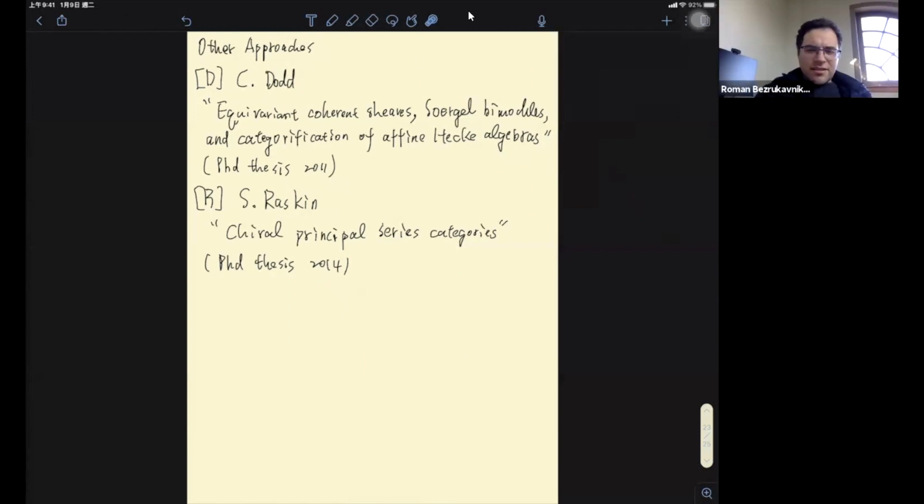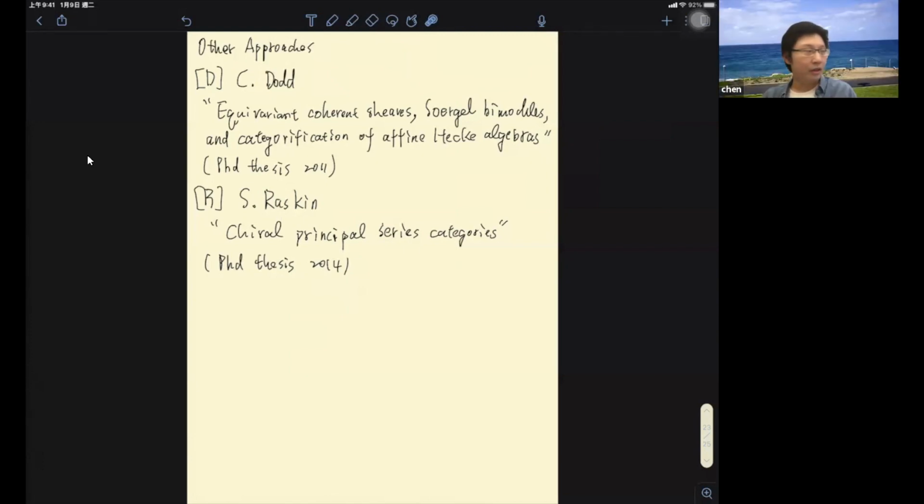Just a reference question on Christophe's work. He does something in that direction, but does he really derive this theorem in a different way? I think his approach is like this. On both sides he considers some tilting generators, and he tries to identify the endomorphism algebra of the tilting generator on both sides.